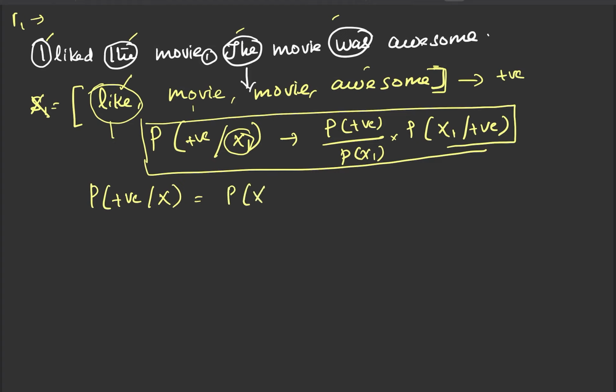The probability of the sentence being positive, given it has x, is equal to the probability for x1 given it is positive, and the probability for x2 given it is positive, the probability of x3 given positive, etc. And the probability for this particular class, the class is positive.